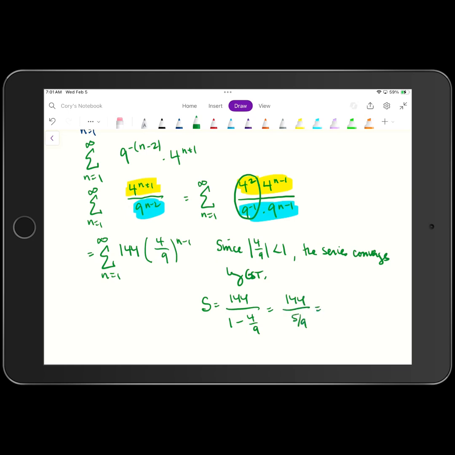And 144 divided by 5/9 is going to be 1296 divided by 5.